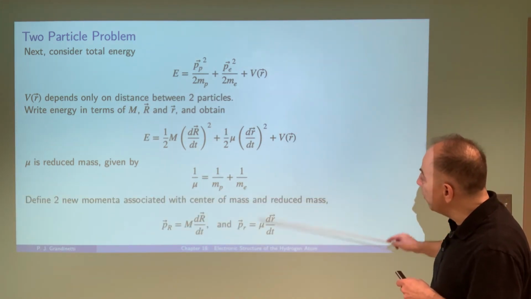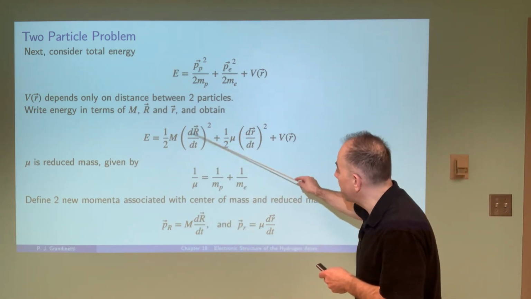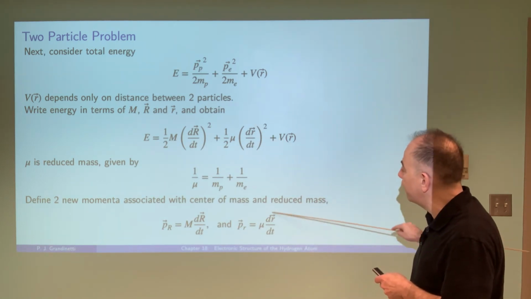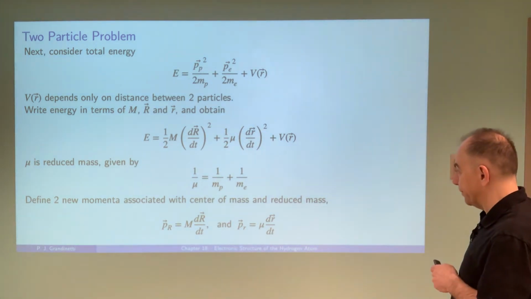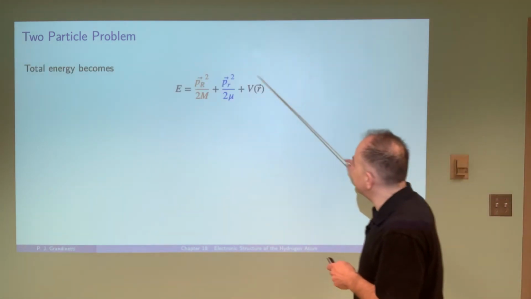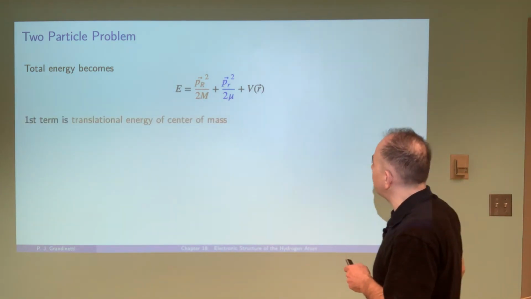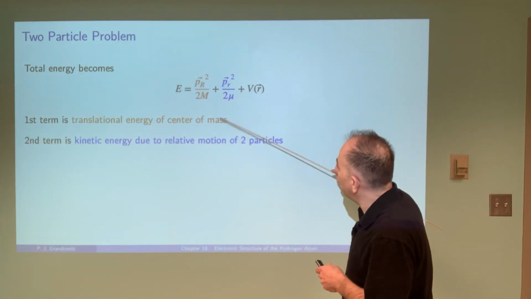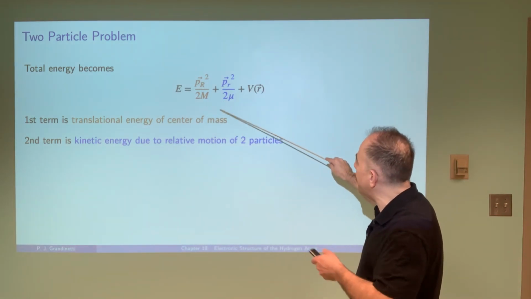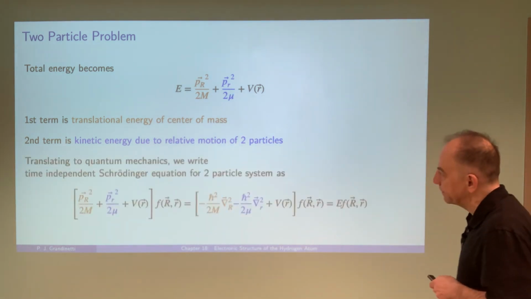So now we can see that we can define two new momenta: the momentum of the center of mass and the momentum associated with the relative motion of the two particles. That allows us to write the total energy in terms of the center of mass and the relative motion. We have the translational energy of the whole atom and then the internal motion in this second term.